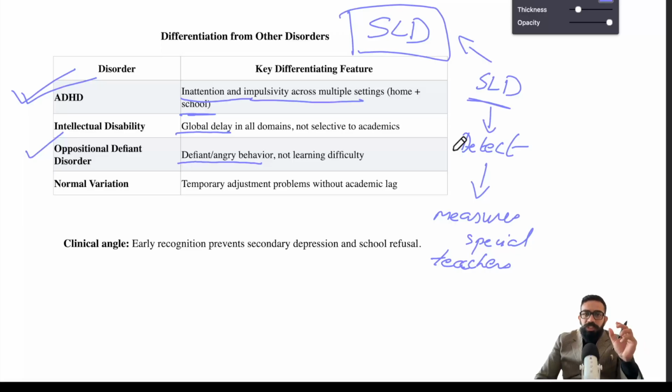So this is what we do not want. We do not want a child who has SLD to slip down into depression and school dropout and even go a step further. We do not want that. So we want the doctor to be able to at least recognize SLD.